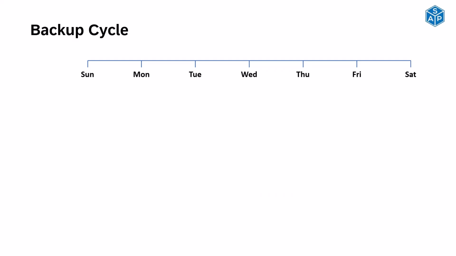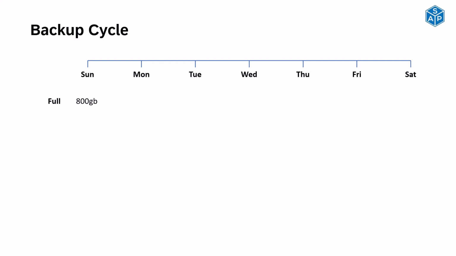Okay, so the first example we are going to take is a full backup. For example, you have your production system, and the database backup size is, say, 800 GB. You have scheduled a full backup for all the days of the week.